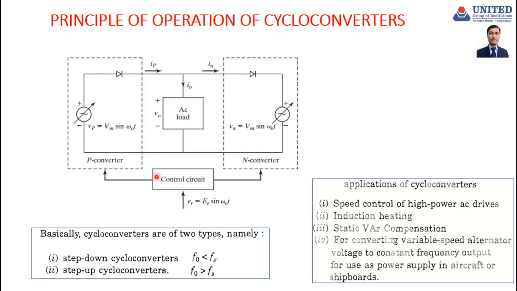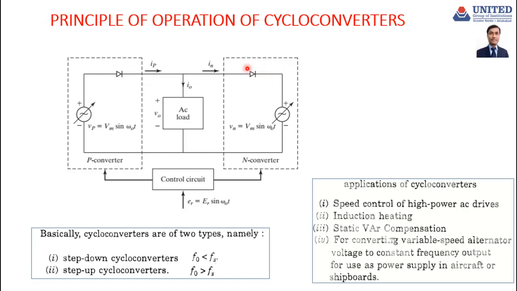These two quadrant converters are represented here by their equivalent circuit. Here the diode in this equivalent circuit represents the direction of current flow. Here we assume that both the converters are ideal and produce a ripple free current.